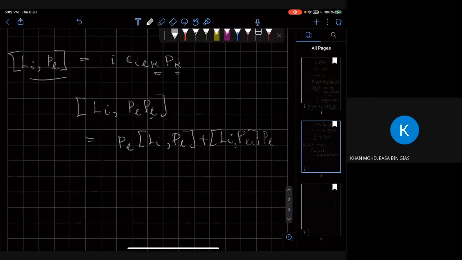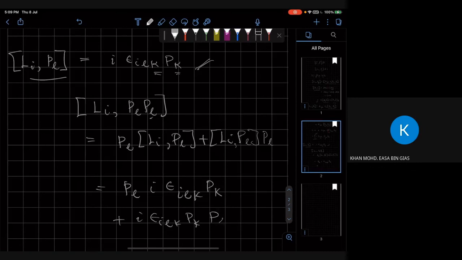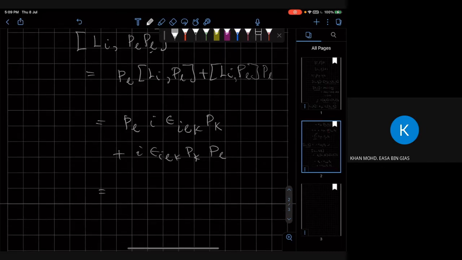But now I can use whatever I worked out here, which is going to give me p_l i epsilon_ilk p_k, and the second term is going to give me i epsilon_ilk p_k p_l. So now I see that I've got i epsilon_ilk. This i and this i are of course different. This is just the imaginary unit, and this is an index. And then we get p_l p_k, and this term is the same, so I can just multiply it.